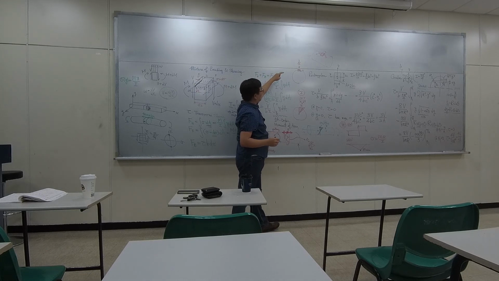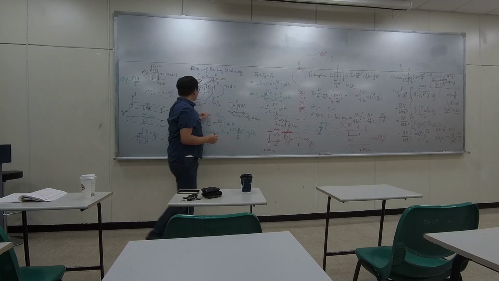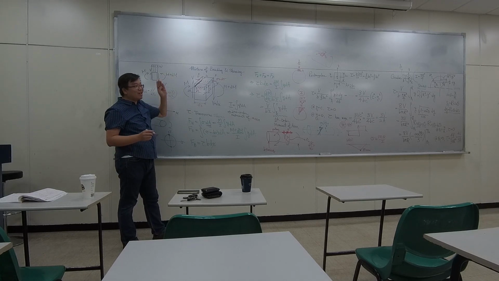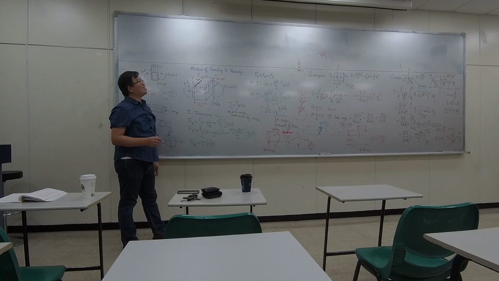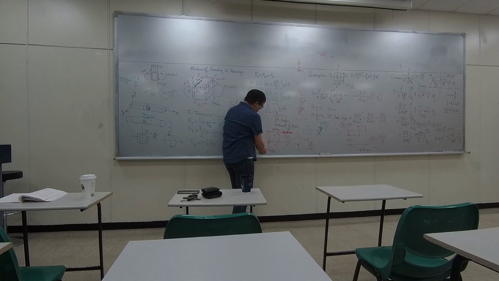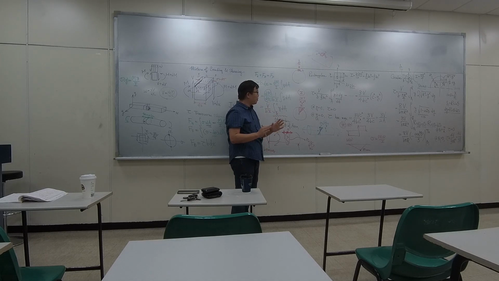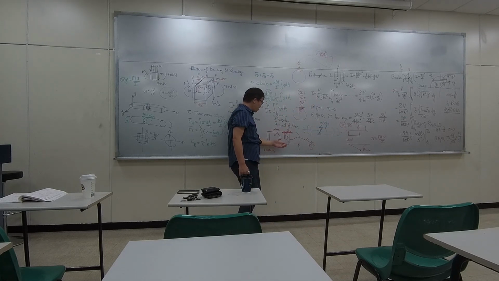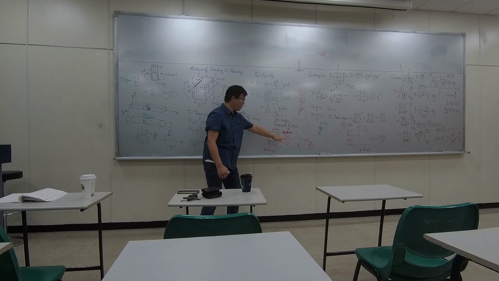If that point is on the very top, then we don't need to care about transverse shear because it's at the very top. However, since I have a pulley force right here, in the first homework, we need to investigate the shear diagram along this plane and also along the horizontal plane, right?